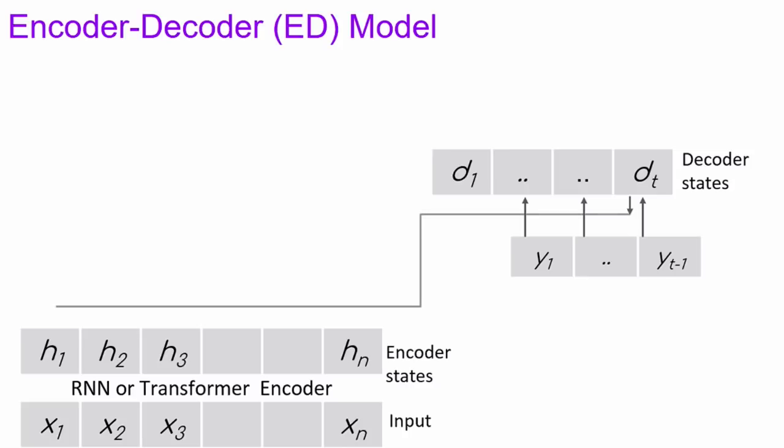Now you are ready to create a binding between the summary of the previous tokens that have been generated and each of the inputs. Now, when I'm going through this, think in terms of a translation example.